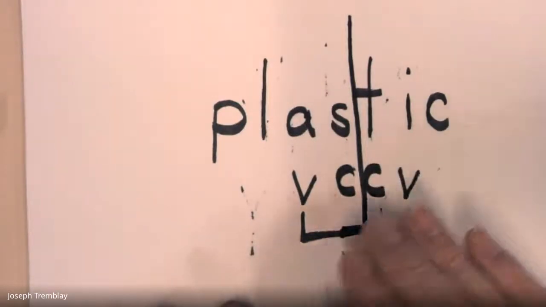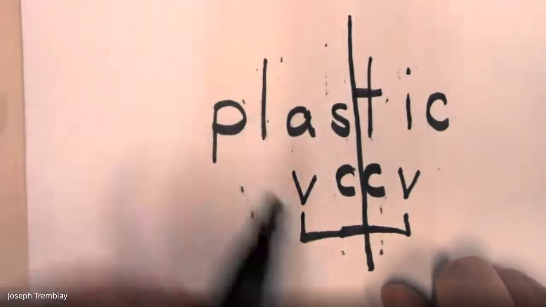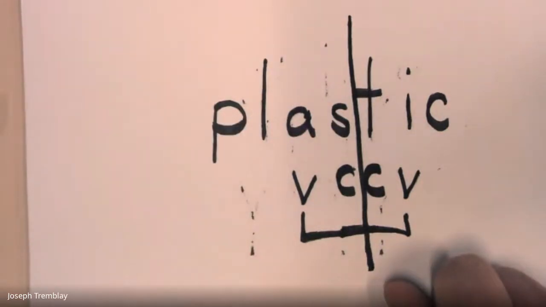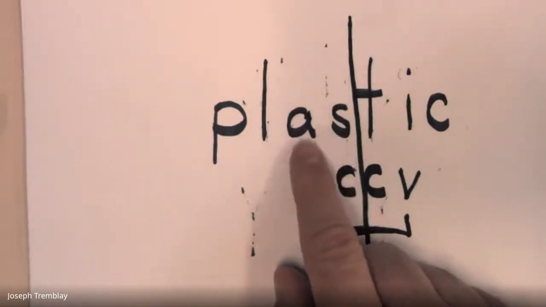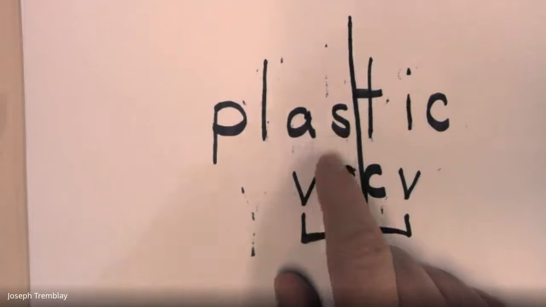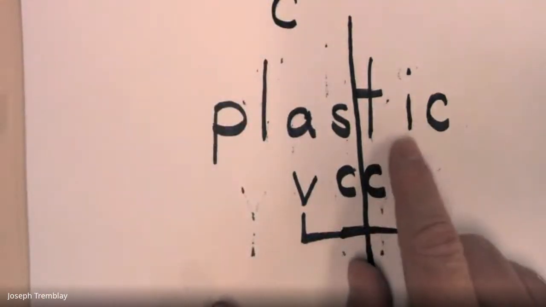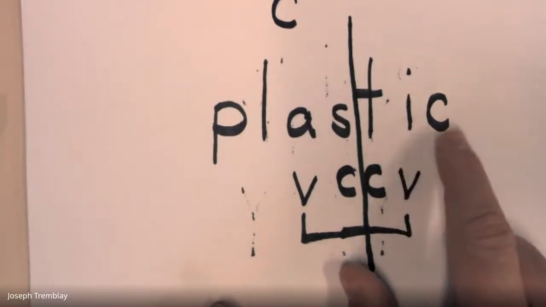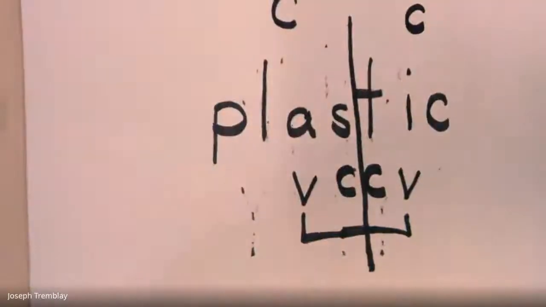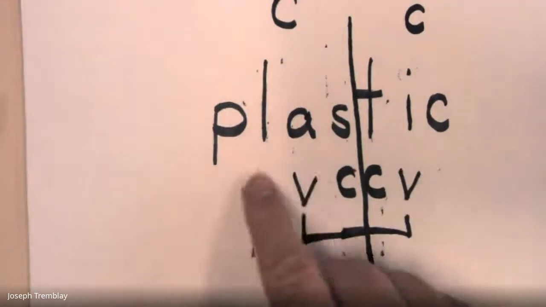Three again. All right, so let's see. Is this open or closed? Can it run away to the right? Is there a consonant blocking its way? There sure is. So this is a closed syllable. How about over here? Look at this vowel. Can it run away? No, there's a consonant right here blocking it again. So this is another closed syllable. So we have plastic.